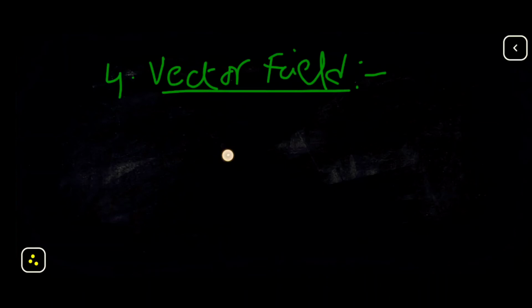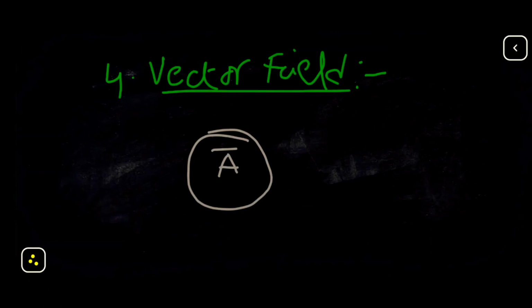If the quantity is a vector, the space surrounding any vector is known as a vector field. If the quantity specified in a region to define a field is a vector, then the corresponding field is called a vector field. For example, gravitational force.